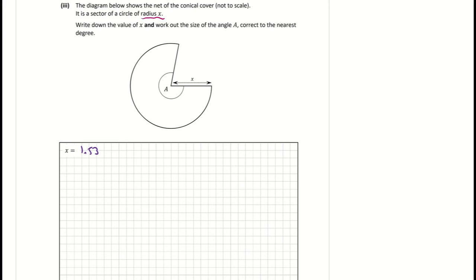The next part to the question wants us to find the size of the angle A. The angle as part of a sector, from my log tables, I could use the area formula, which includes the angle: theta over 360 multiplied by pi r squared.